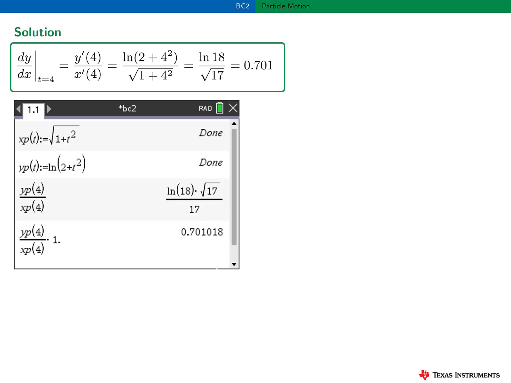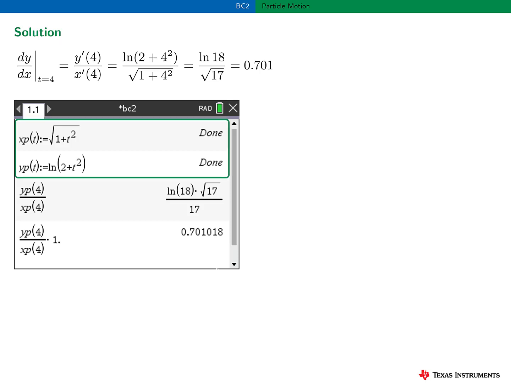This is, by definition, y prime of 4 divided by x prime of 4. And since the expressions for x prime of t and y prime of t are uncomplicated here, we can find the symbolic answer by hand, that is, without a calculator. It's log of 18 divided by the square root of 17. And the decimal equivalent is 0.701.